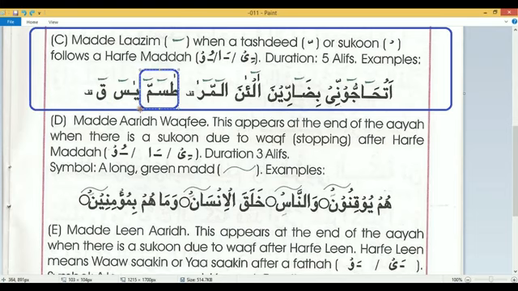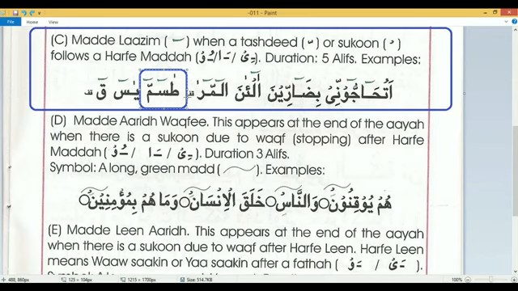Same thing here. So we have ta, sin, mim. So sin, you have to join si with mim, like it's going to be sim. And then mim. So in mim we have a mi and mim with a sukun.